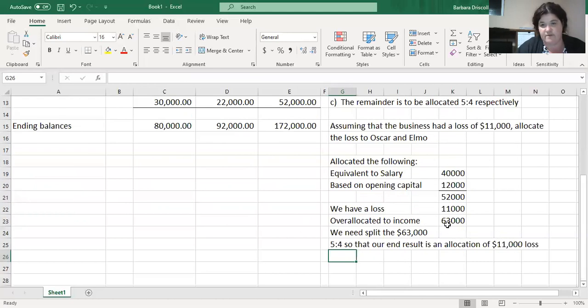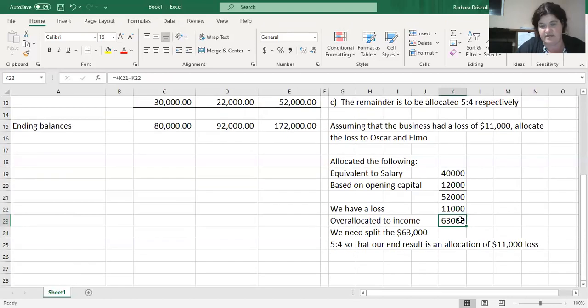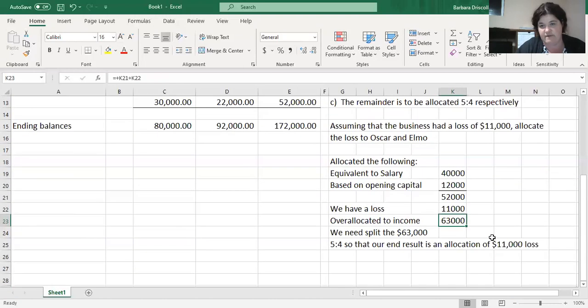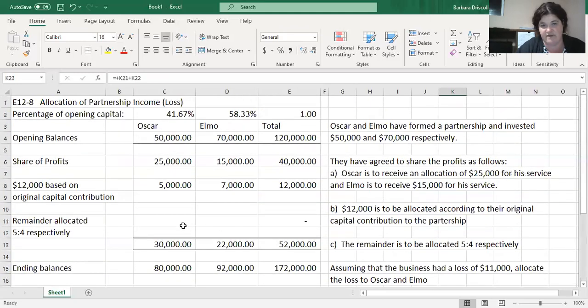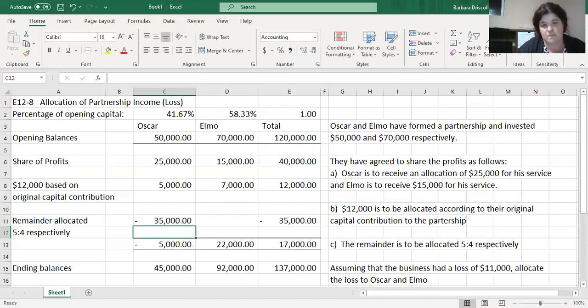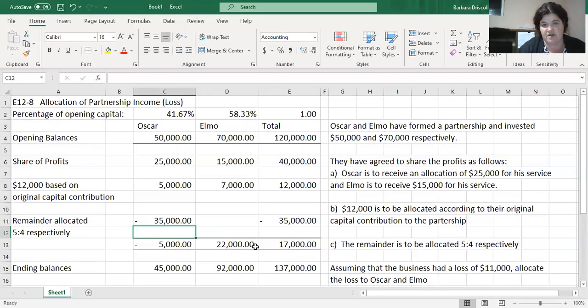We said 5 to 4. So we're going to take the 63,000 and divide it by 9 and multiply it by 5 for Oscar's portion. We're going to take the 63,000, divide it by 9, multiply it by 4 for Elmo's portion. Remembering that the 63,000 has been an over allocation of income, so it's going to be a negative on our schedule. So we're going to take the negative 63,000, multiply it by 5, divide by 9, which is a negative 35 of 63 for Oscar's portion.